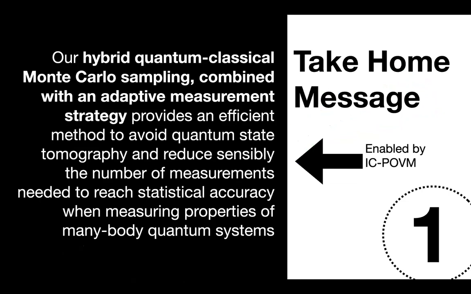So the first take-home message is that I hope I convinced you from these results that our hybrid quantum-classical Monte Carlo sampling combined with an adaptive measurement strategy is really efficient and avoids passing through quantum state tomography, and also reduces sensibly the number of measurements that are required to reach statistical accuracy.